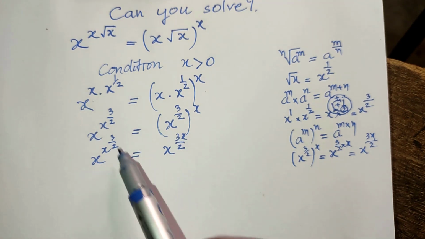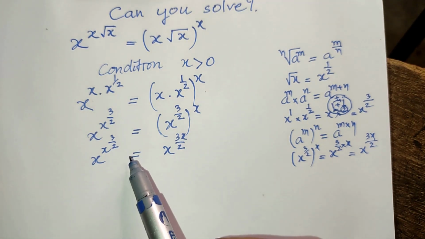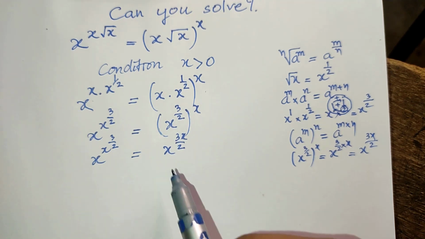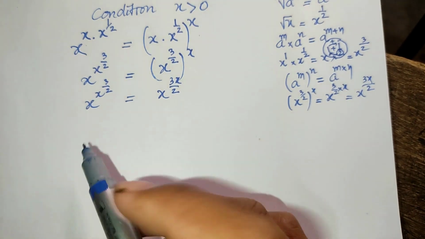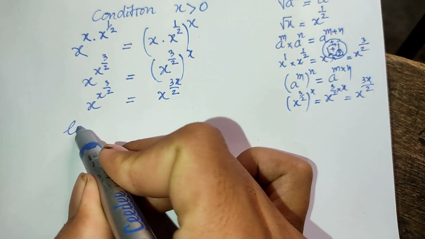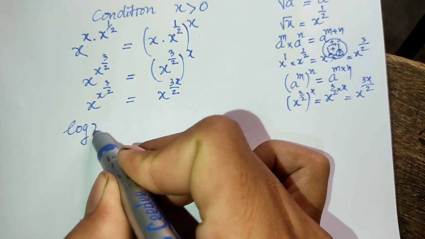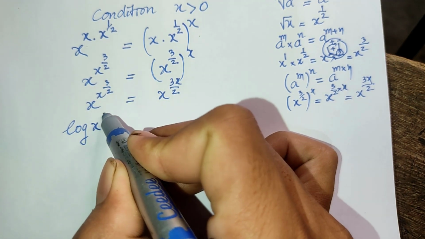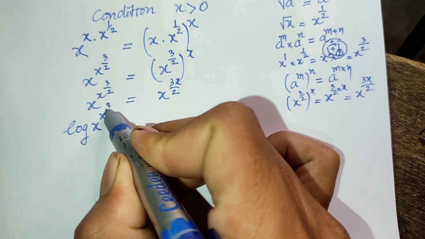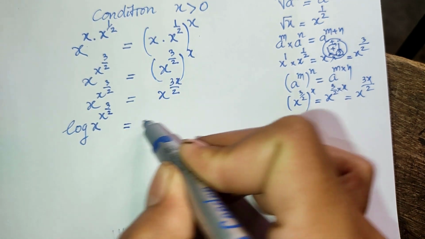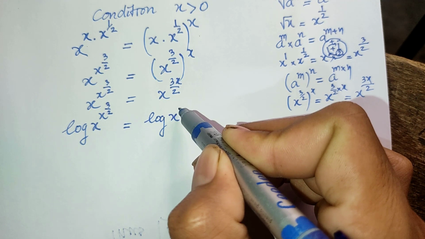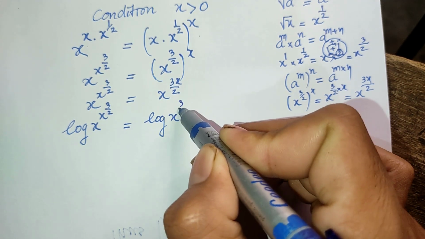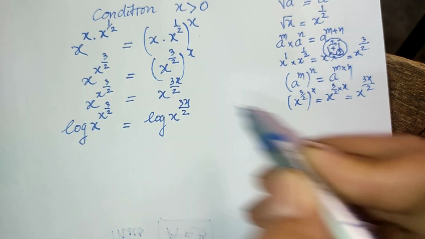I put log on both sides of this equation, and I can write log of h power h, power 3 divided by 2, equal to log of h power 3h divided by 2.